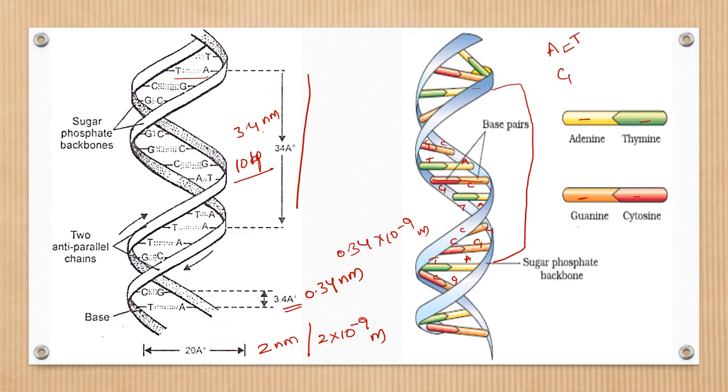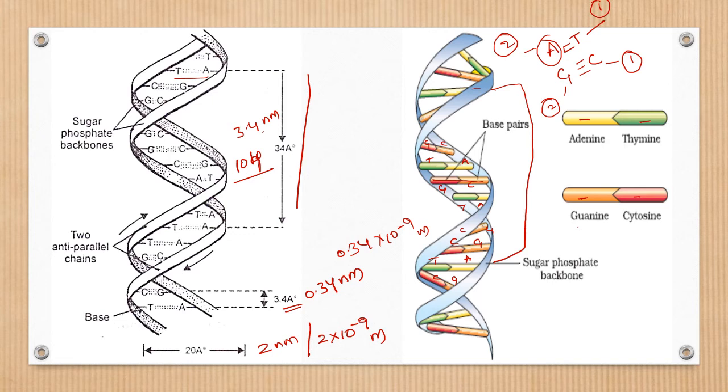If it is guanine, it joins with cytosine through three hydrogen bonds. Here this adenine belongs to chain 2 and this thymine belongs to nucleotide chain 1.